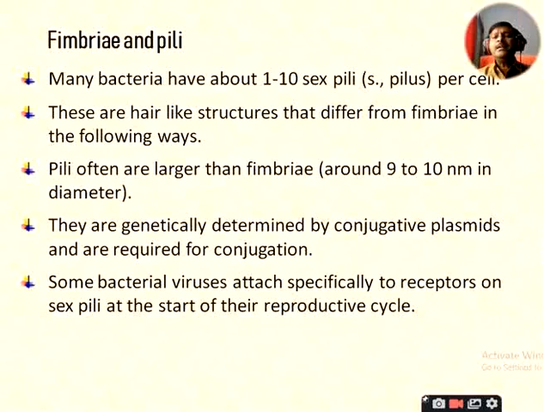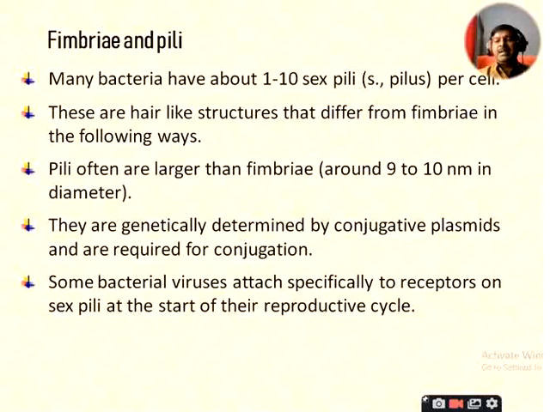The viruses which have the ability to infect bacteria are called bacteriophages. That means the first step in virus reproduction is attachment, and that first step of attachment takes place on the sex pili.